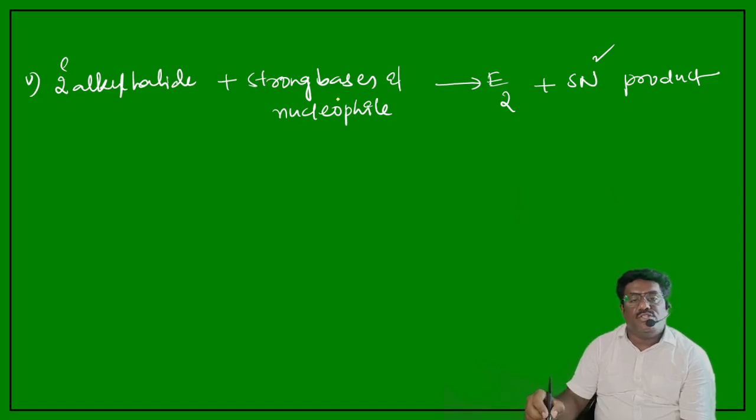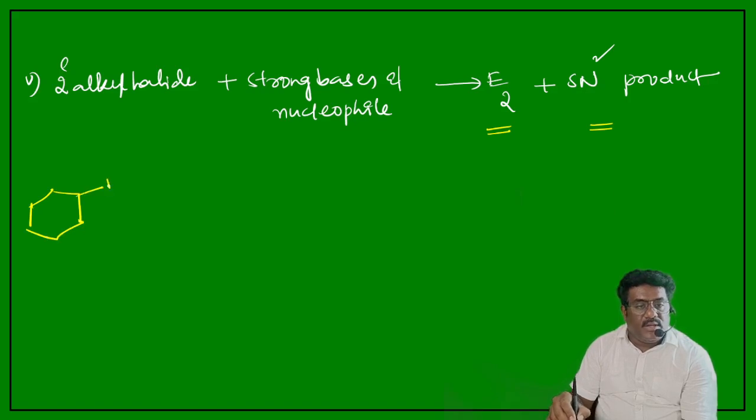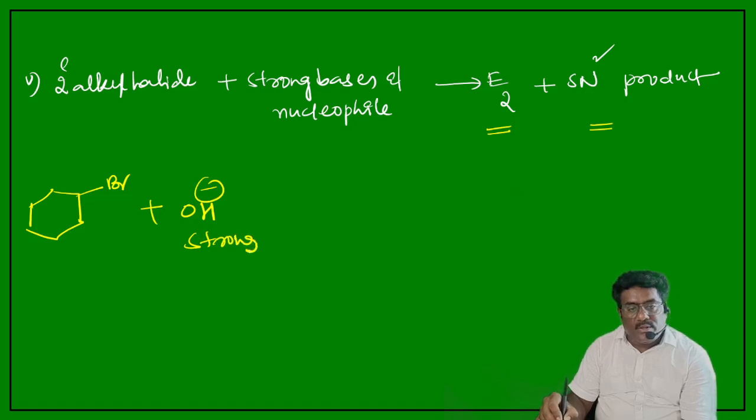A secondary alkyl halide with a strong base and nucleophile gives E2 and SN2. I am taking a secondary alkyl halide in the presence of a strong base, OH minus, which is a strong base and nucleophile.